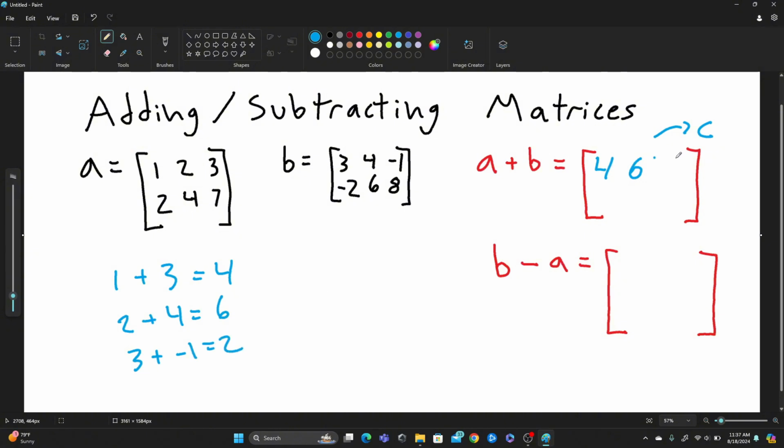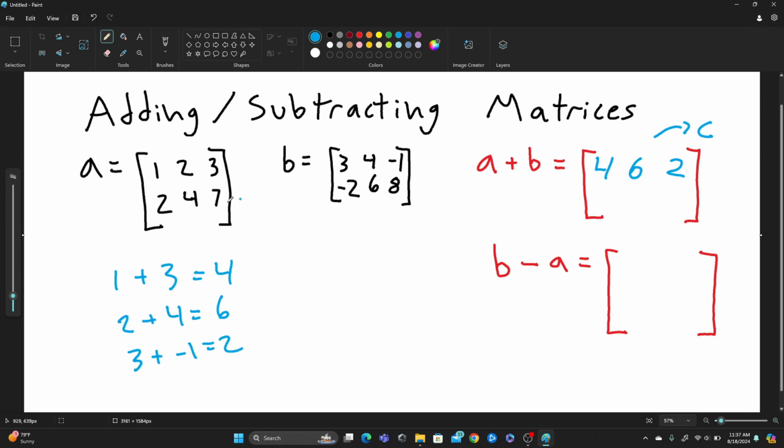And we're going to put 2 right there. So that's the first row completed, right? So we did 1 plus 3, and then we did 2 plus 4, and then we did 3 plus -1.